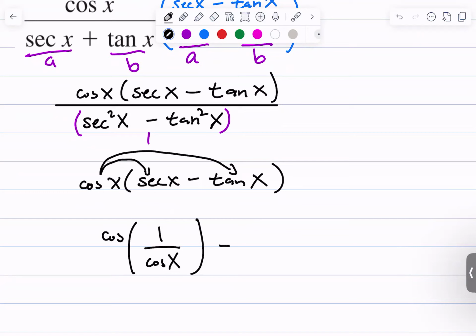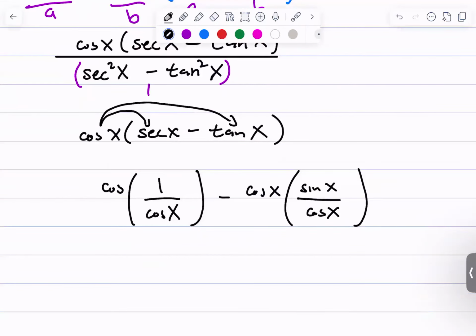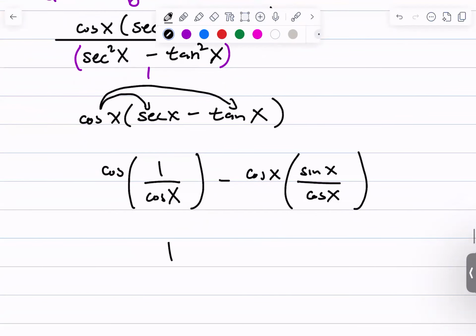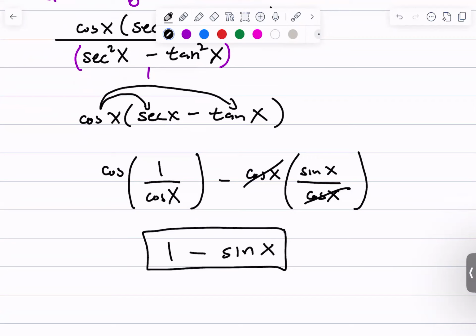Okay? Minus cosine times sine over cosine. Cosine times 1 over cosine, that's just 1. Minus, these two cosines cancel out, and you have sine. Okay? Cool?